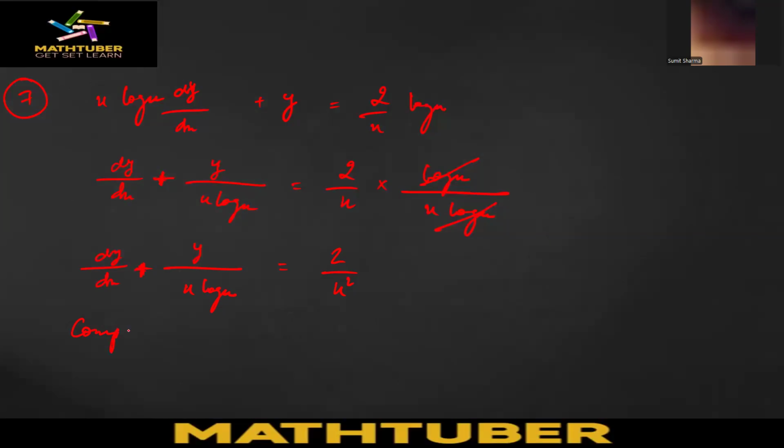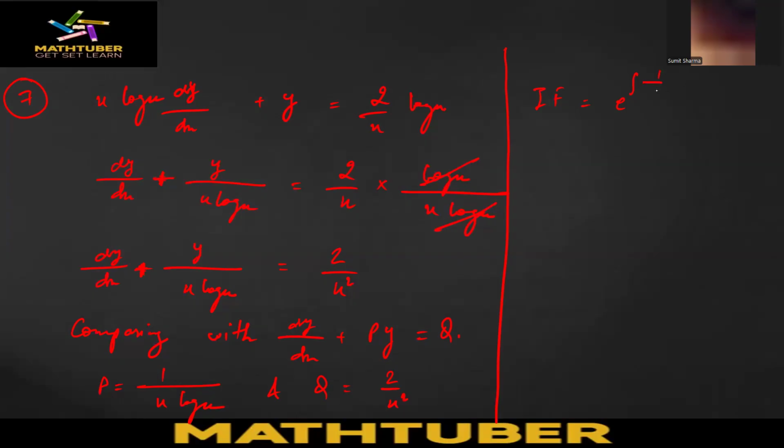Now comparing with dy by dx plus py equal to q, right? Then if we compare it, the value of p is 1 upon x into log x and the value of q is 2 upon x square. Now the integrating factor here, it's a bit complicated because we have to substitute the value as well.